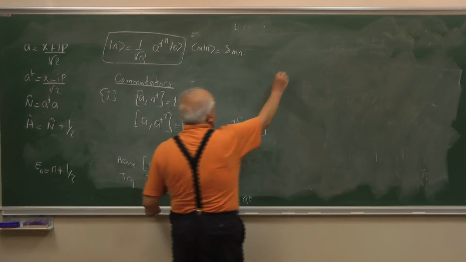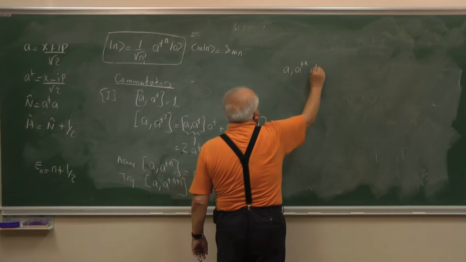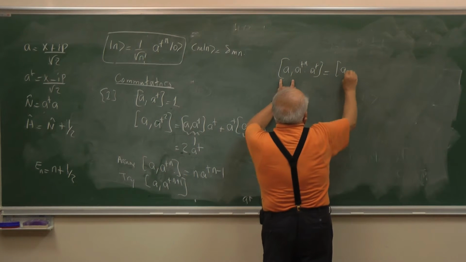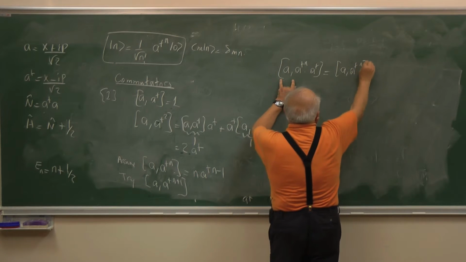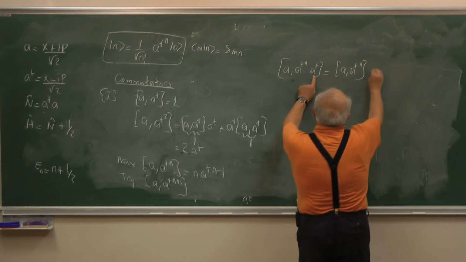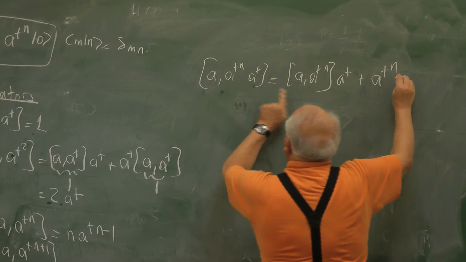So a dagger n times a dagger is equal to a dagger n, a dagger plus a dagger n, a dagger.